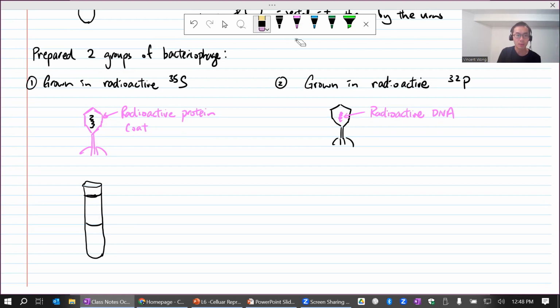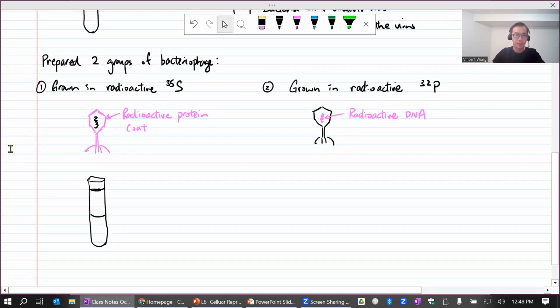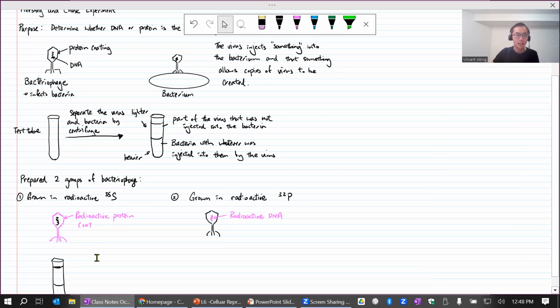Do you expect the radioactivity to be at the top or at the bottom? Let's take a look at everything we've written so far. When they use the virus that's labeled with the radioactive sulfur, infect the bacteria, and separate them, do you expect the radioactivity to be at the top layer or the bottom layer? Help me out here. Let me know what you think.